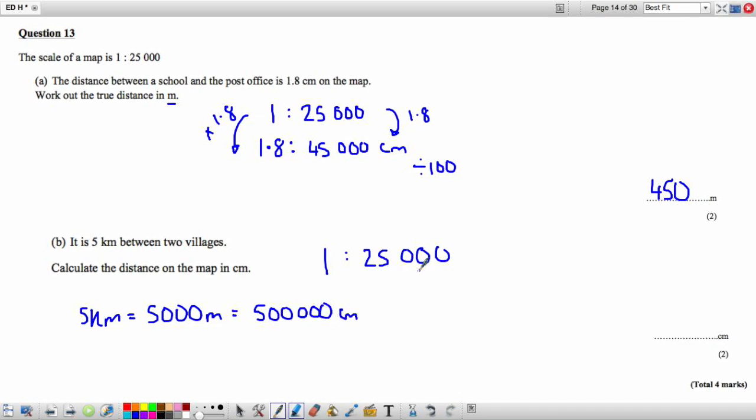So placing this now on the right hand side of our ratio, we have here our 3 zeros and here 500. So looking at our relationship here, by dividing, we have 20. Therefore 1 times 20 is 20 centimetres.